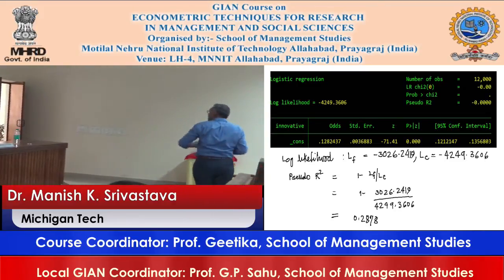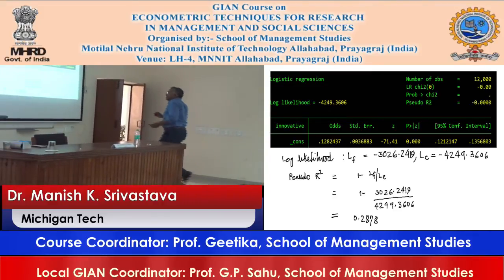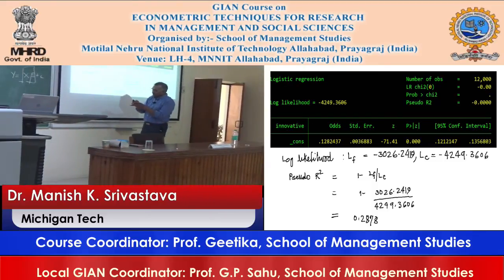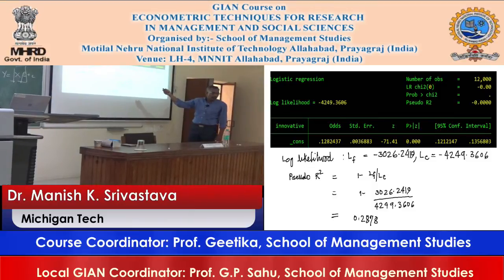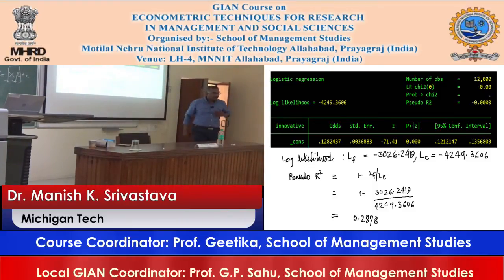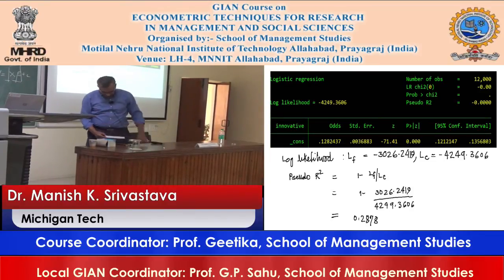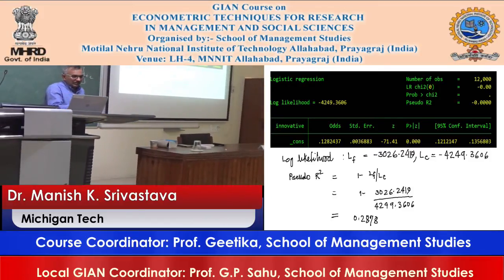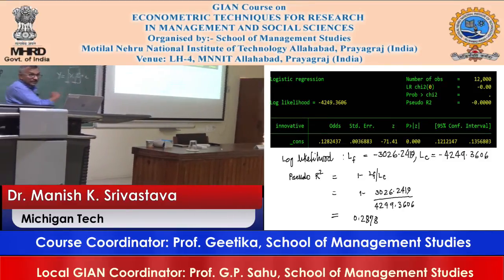So in order to do that, I did this part here. The first model that I ran, I just copied. You see here there is a log likelihood value. On the top here, it is showing the log likelihood value.